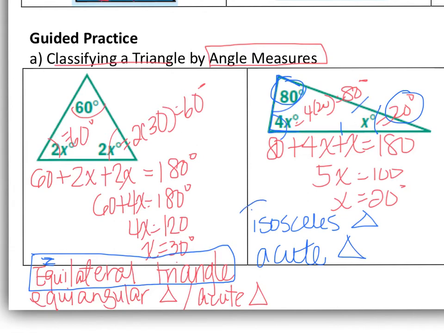But I would like you to write the most specific name, okay, because if you call this an acute triangle, and this one acute and this one acute, then they will have the same name, and I wouldn't be sure if you're referring to the equilateral acute triangle or the isosceles acute triangle.